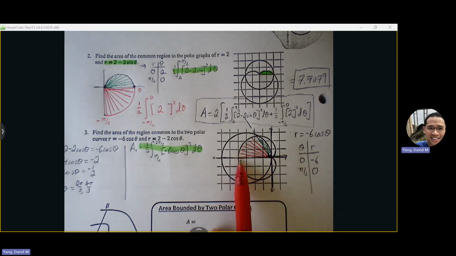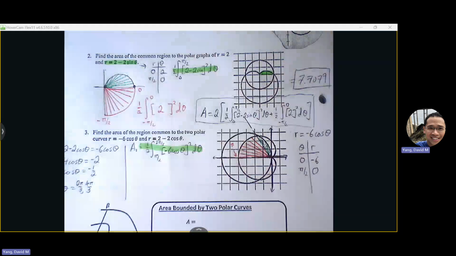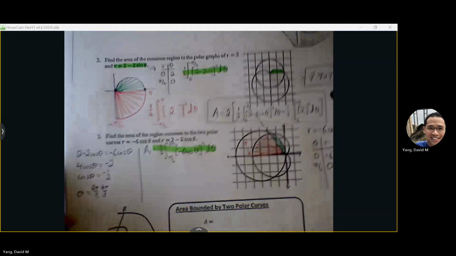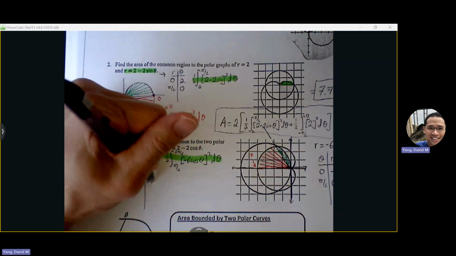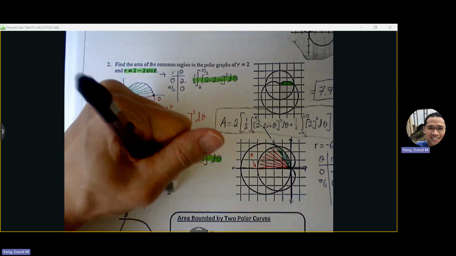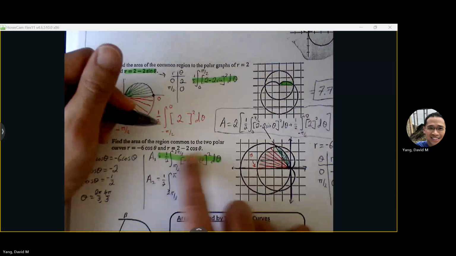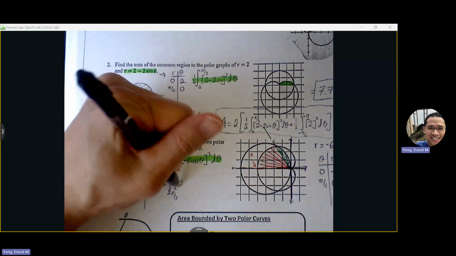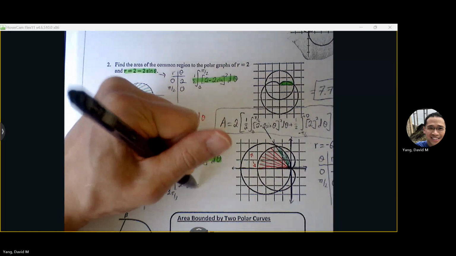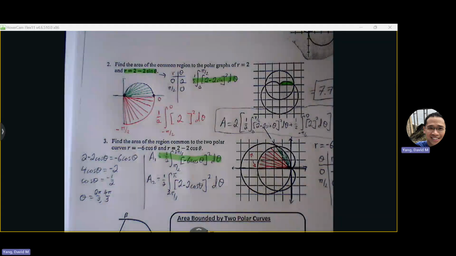So pi would be the ending point here. So my second area region is 1/2 integral from 2 pi over 3 to pi, and this is now hitting my cardioid. This is my red region.